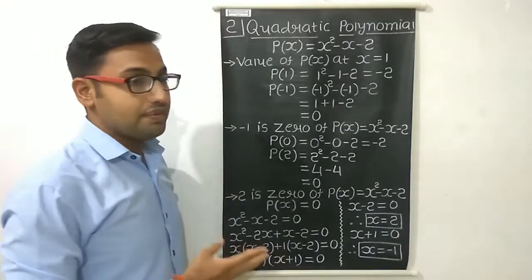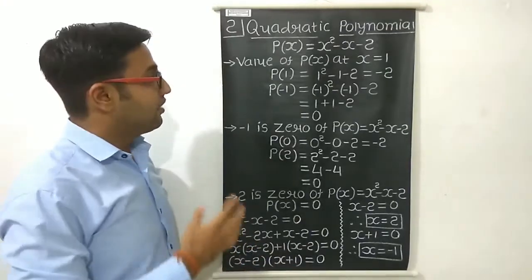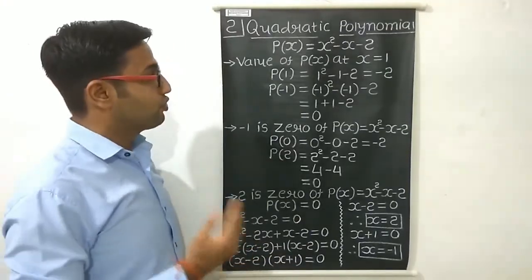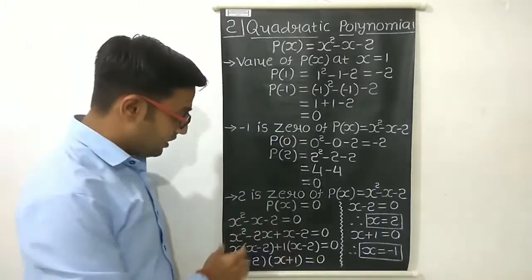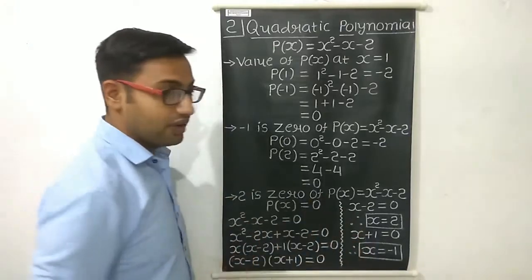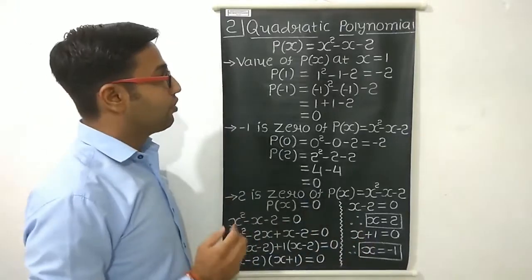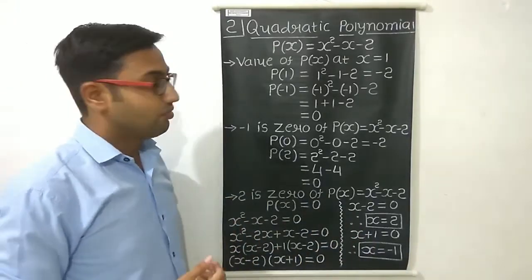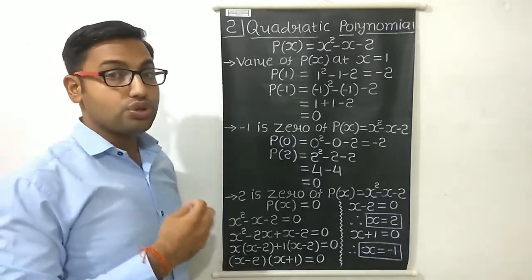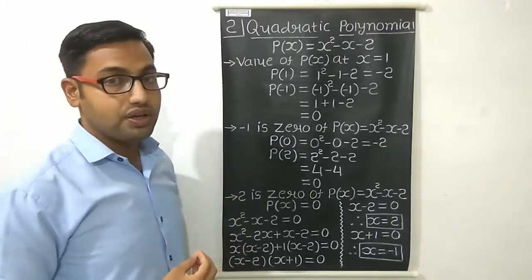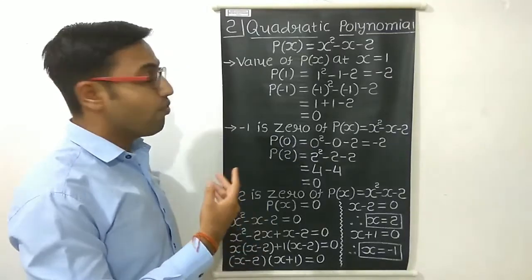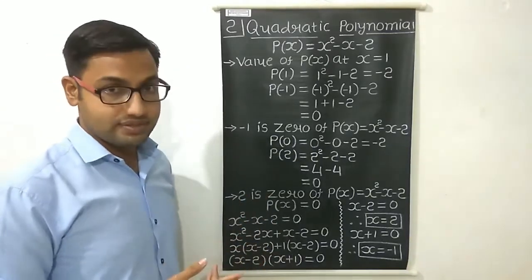Now the third type is the cubic polynomial, which we do not study in this class. First of all, we will understand how to factorize that cubic polynomial, then we will proceed the same way. Now one question is also there for the constant polynomial. We know what a constant polynomial is. As there is no variable, there is no x.